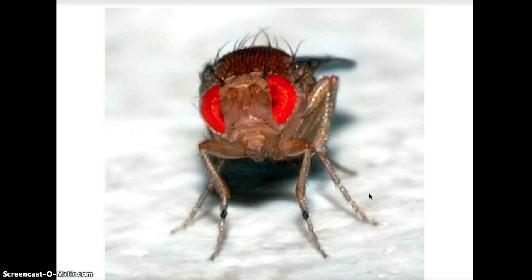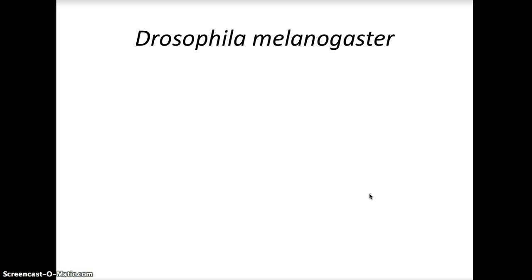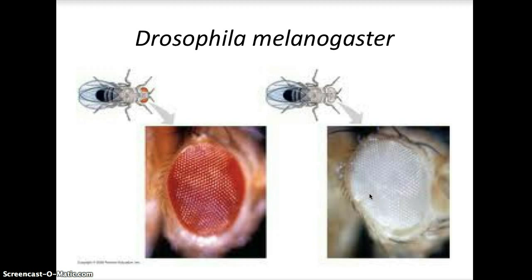There are all sorts of organisms that are affected by the X and Y chromosomes, and this fruit fly is one of them. He's got beautiful red eyes. The Drosophila melanogaster is one of them, and the two alleles here are for either red eyes or white eyes, and it turns out that these eye color genes are in fact found on the X chromosome, not on the Y. And so this is a sex-linked and X-linked trait in fruit flies.